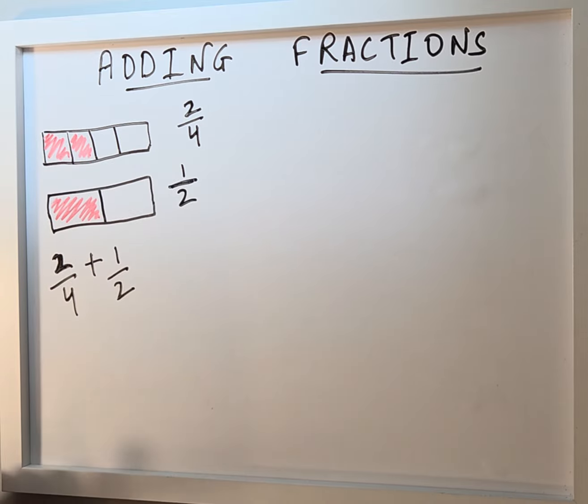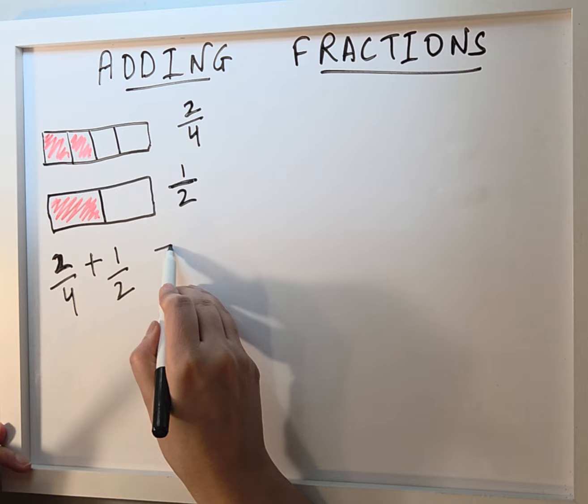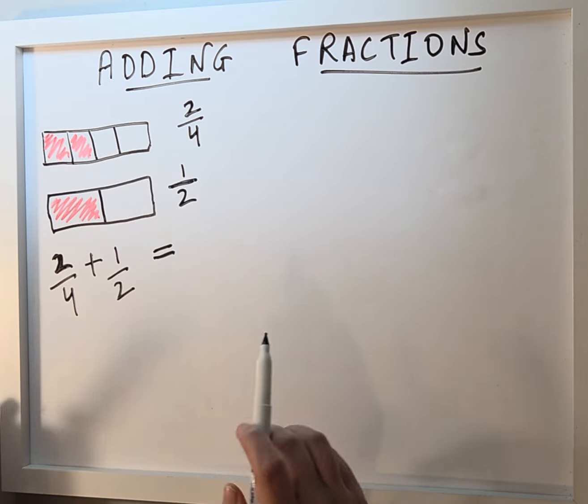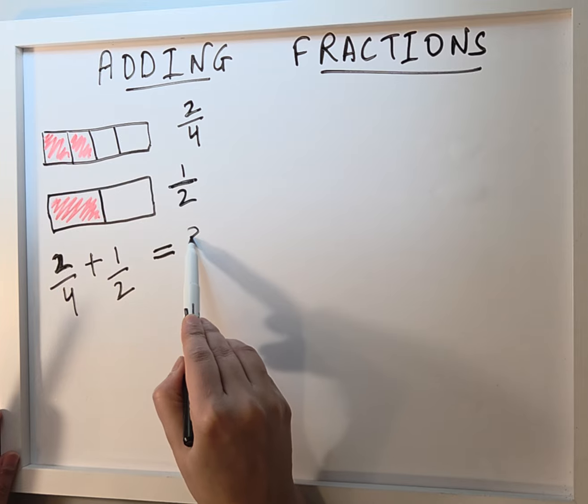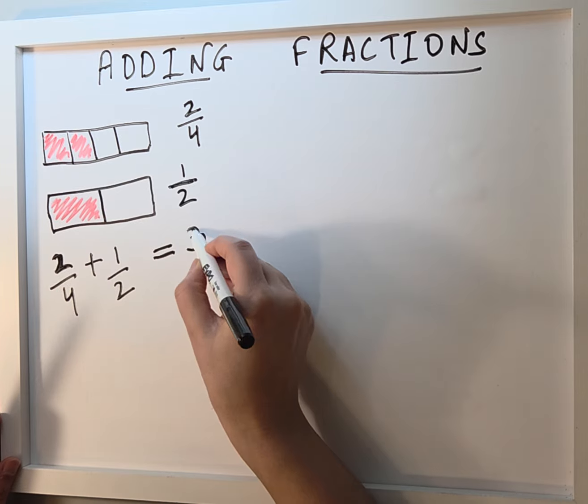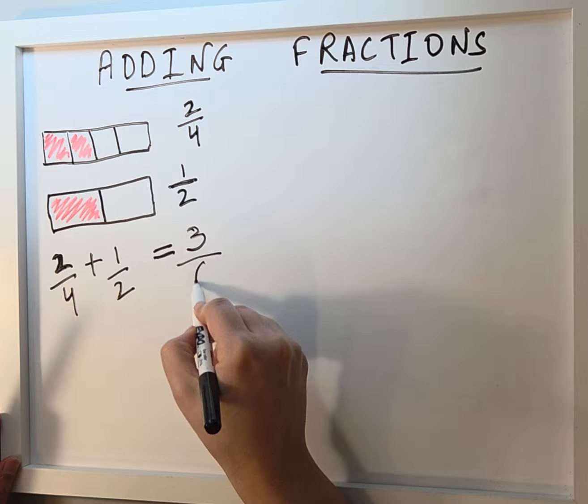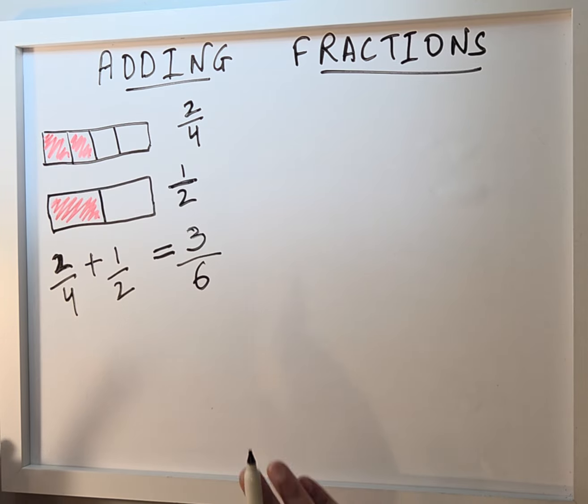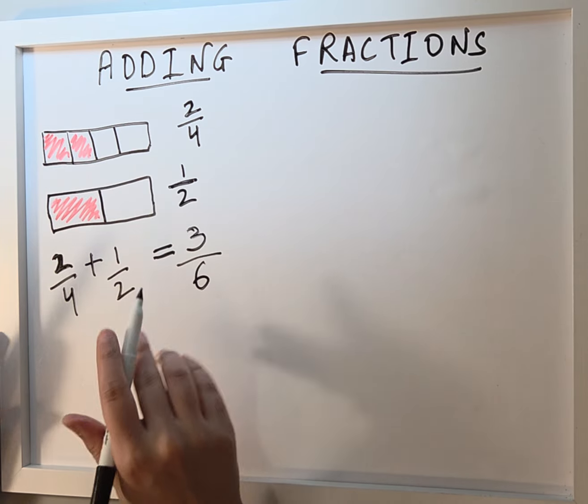Suppose we do this. Do you think we can do this? Some people might say that we can do 2 plus 1 is 3, and 4 plus 2 is 6. So what does this mean?